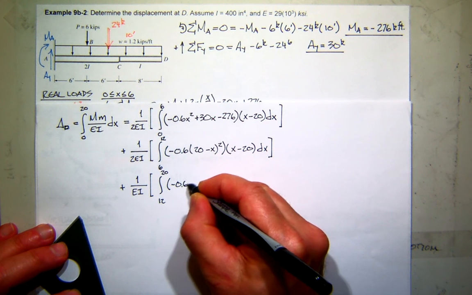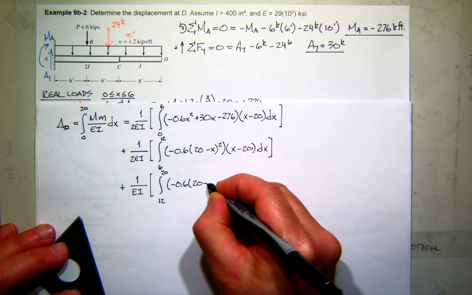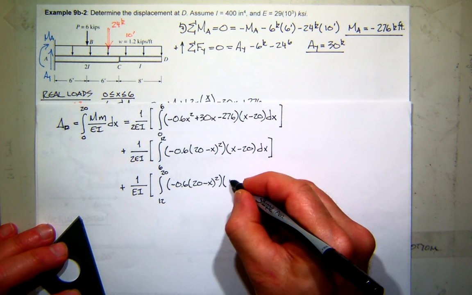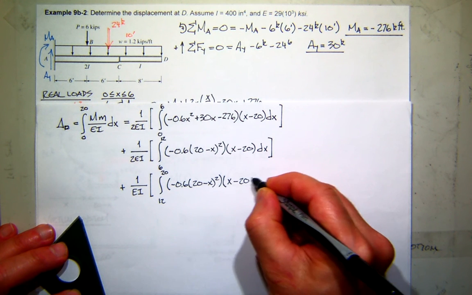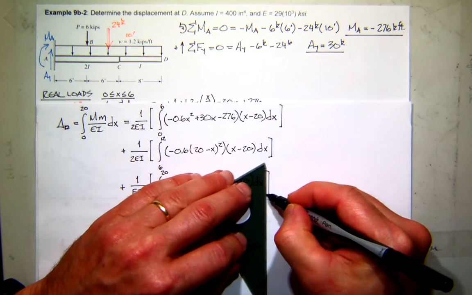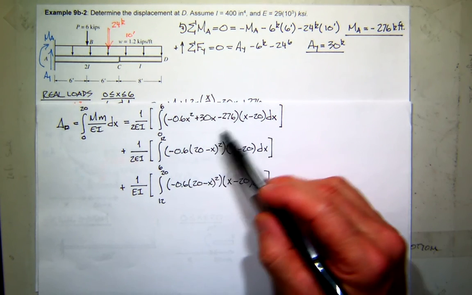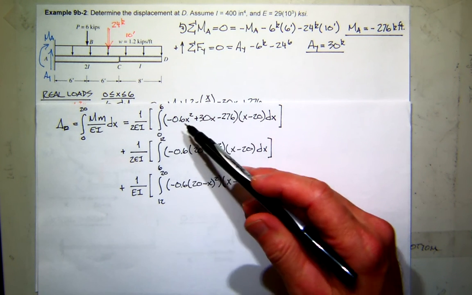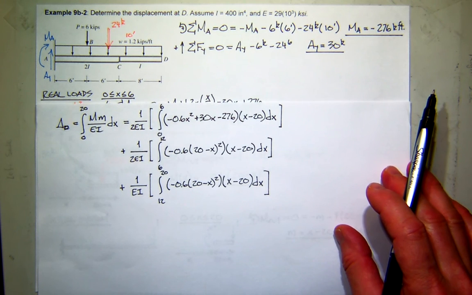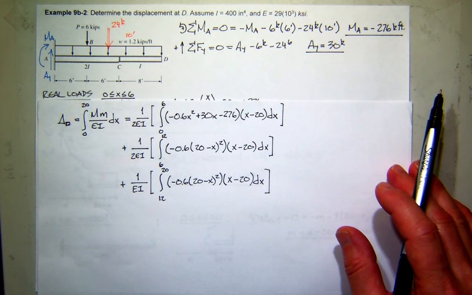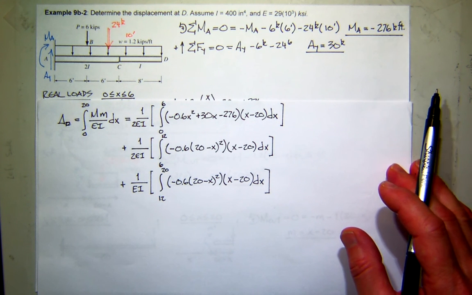I think you can see why I stopped asking you to actually do all the integrations and just write this equation. It's good enough, because doing all this multiplication and integration with multiple limit evaluations takes a long time. I know you could do it without the pressure of the exam over your head.